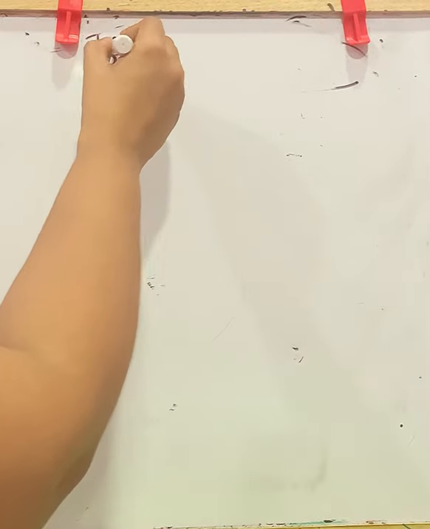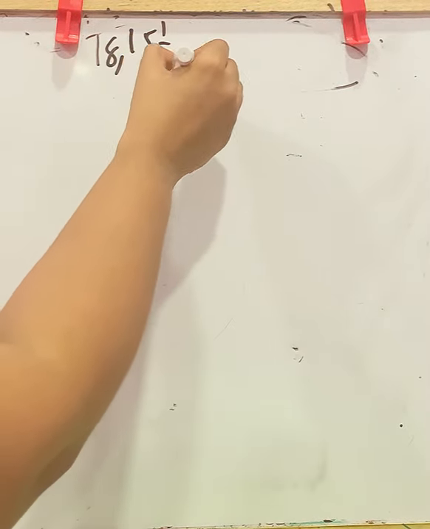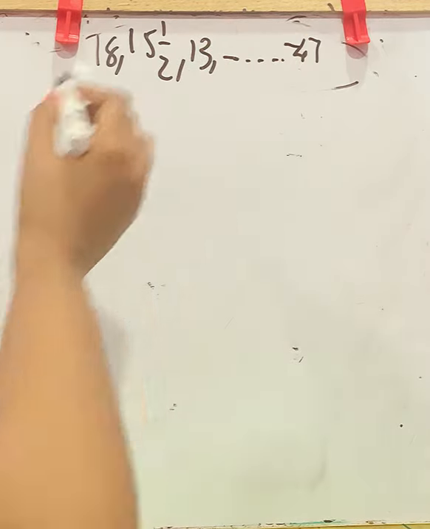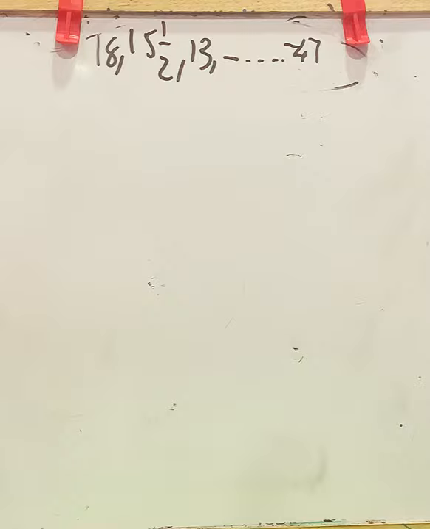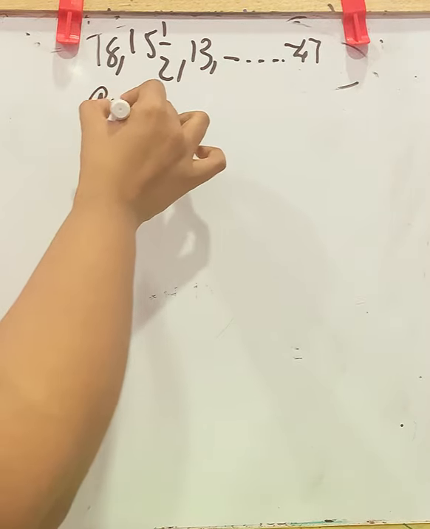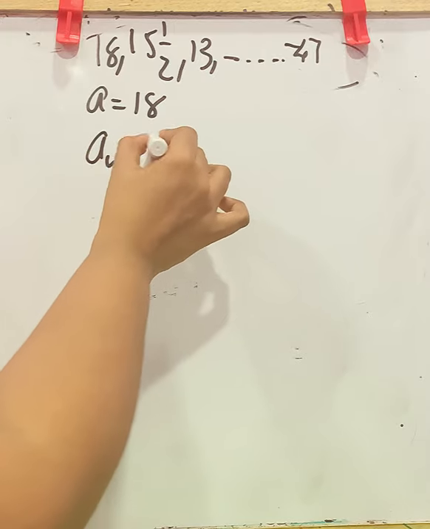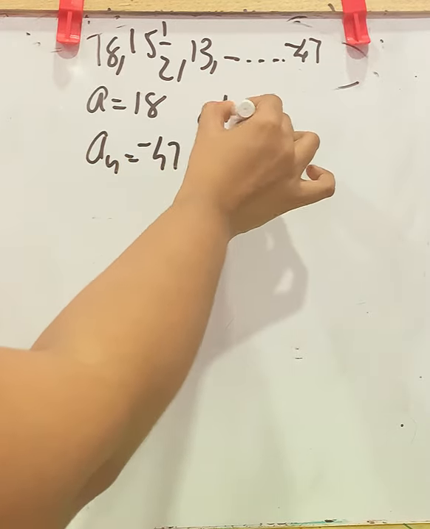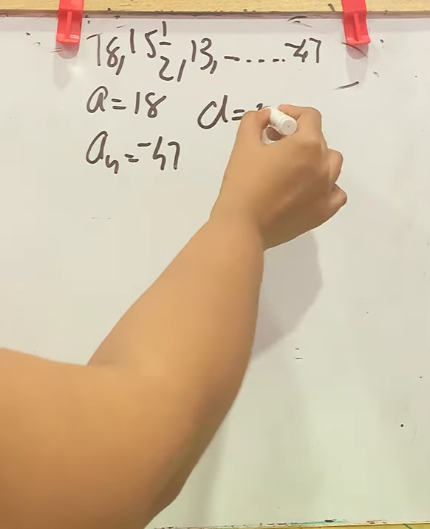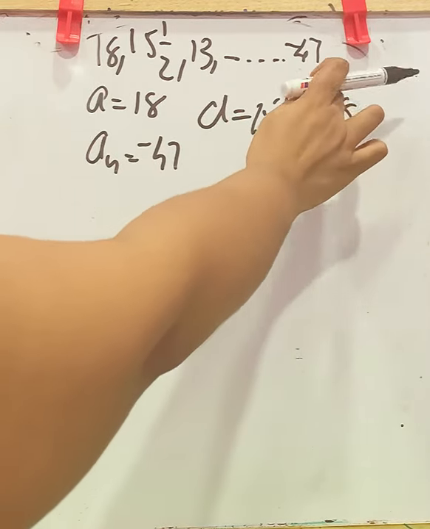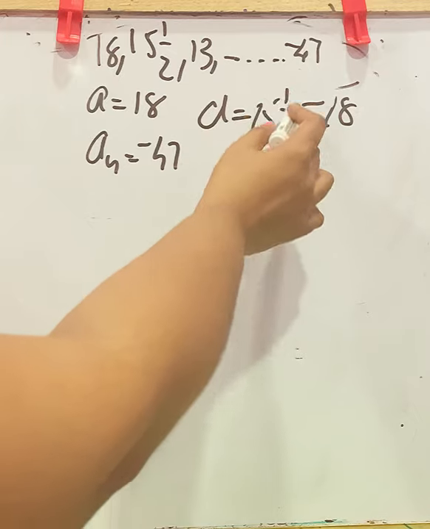Next, 18, 15 1 by 2, 13, and so on, negative 47. How many terms are there in this AP? Here a equal to 18. an equal to negative 47. We have to find the d. d is 15 1 by 2 minus 18. Here we will make this as improper fraction.